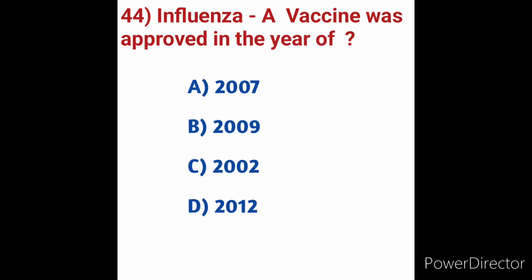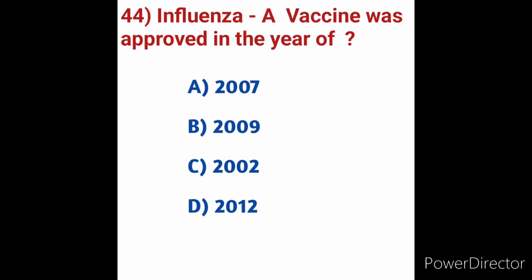Influenza A vaccine was approved in the year... We will see options. Option A 2007, option B 2009, option C 2002, option D 2012. The vaccine to protect against the 2009 H1N1 influenza virus will be the same for the entire 2009 and 2010 influenza season.